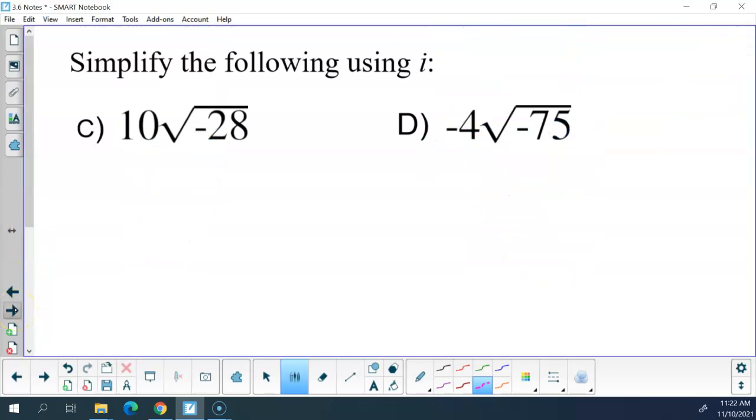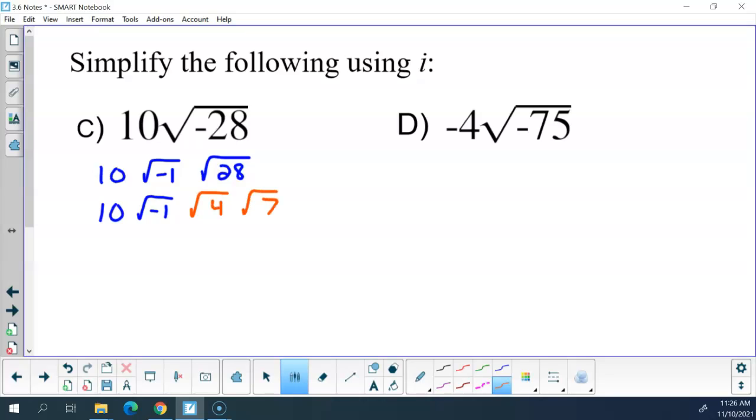Try these two. So the first one would be 10 times the square root of negative 1 times the square root of 28. The square root of 28 would be the square root of 4 and the square root of 7.